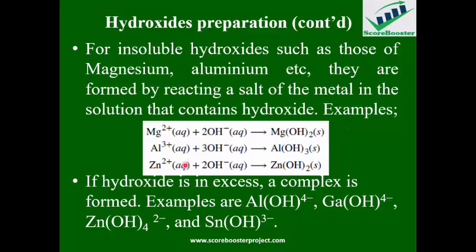Care must be taken if we are doing this reaction to find the stoichiometric amount of each of this that is necessary to produce hydroxide. Because if we have excess hydroxide now, as in that is in excess of what this salt is able to take, then instead of forming the hydroxide, after the hydroxide might have been formed, when you have excess hydroxide in the solution, it's going to dissolve this and form these complexes.